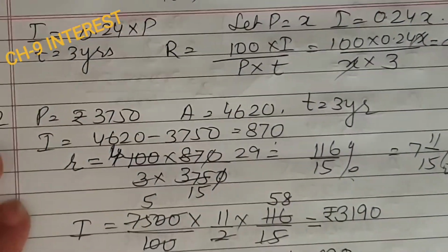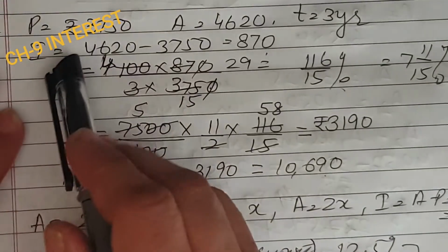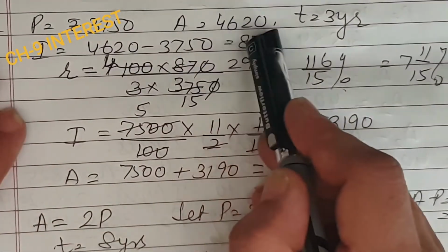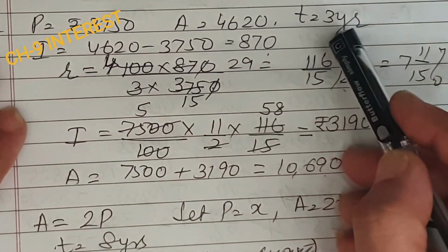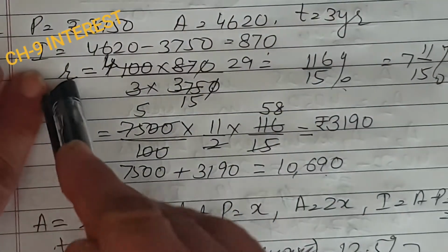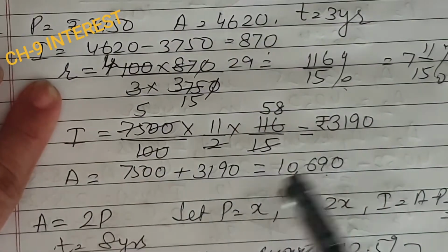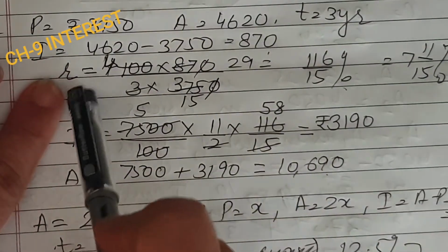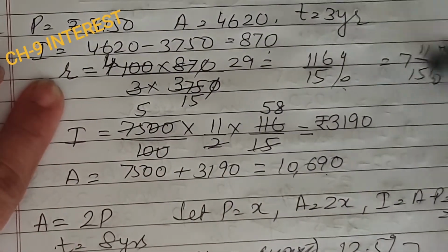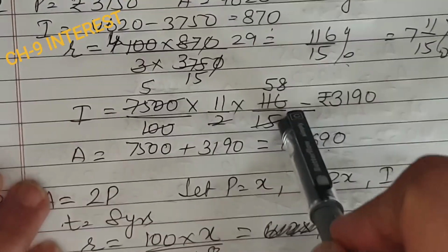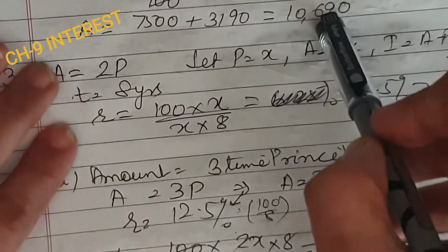Now in question number 2, you are given principal is 3750 and amount is 4620 for 3 years. What is the rate, and at the same rate the other money is lent, and what does it amount to? So we will find the rate from the first case and use it in the second case to find the interest and the amount.